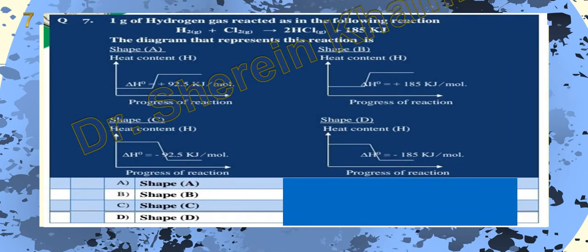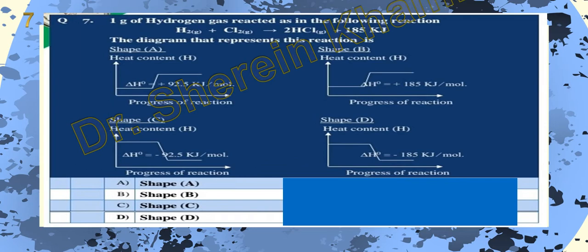Okay, question 7 is near to question 6, but we talk about 1 gram of hydrogen gas reacted as in the following reaction: H2 gas plus Cl2 gas will give 2HCl gas plus 185 kilojoule. Okay, as we said, we have the diagram that represents this reaction.